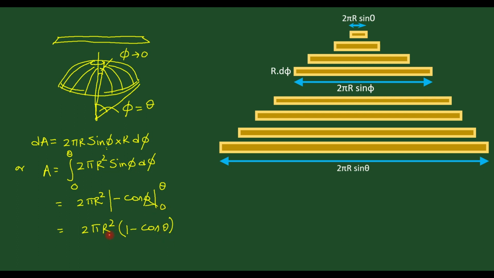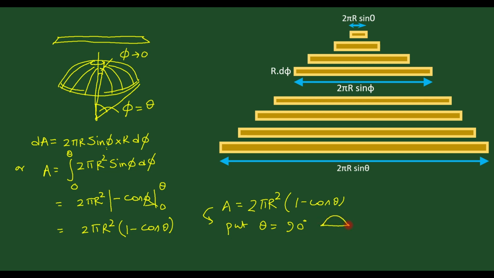So it depends on what? It depends on the radius of the intact sphere and the angle that the radius of its flat surface subtends at the center. We can now verify it very easily. When you put theta equal to 90 degrees, that means you are considering a hemisphere.